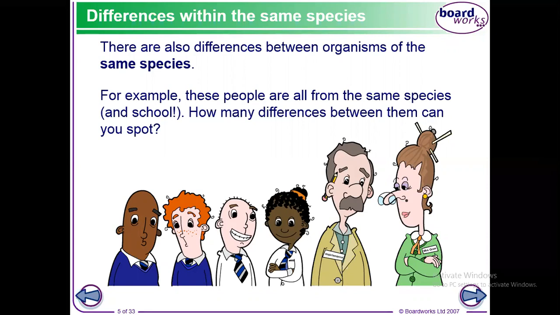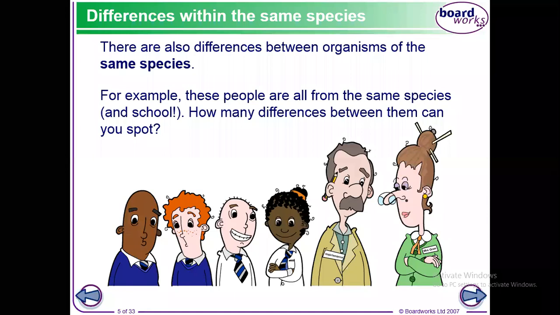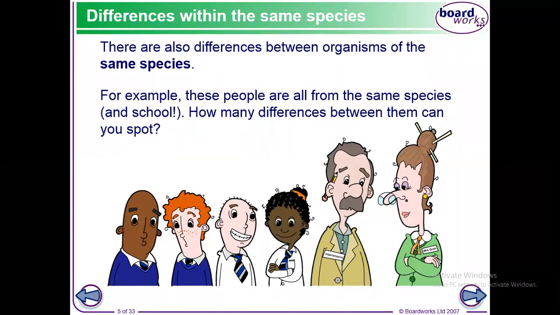So we all belong to the same species, which is humans, right? Yes, humans are a unique kind of organism. I mean, there are no other organisms that look like us or act like us. That makes us a species. Okay, guys?